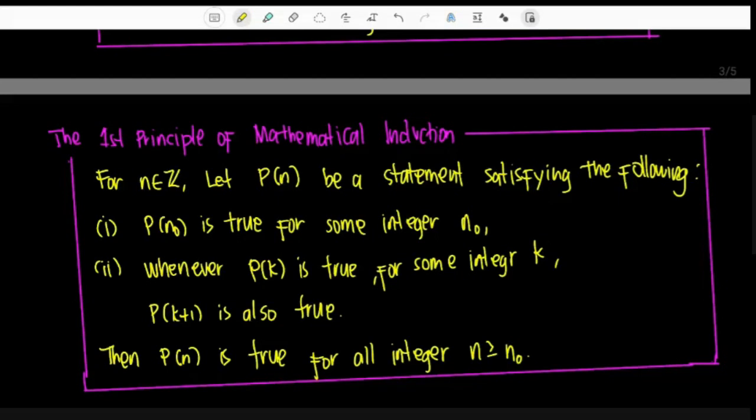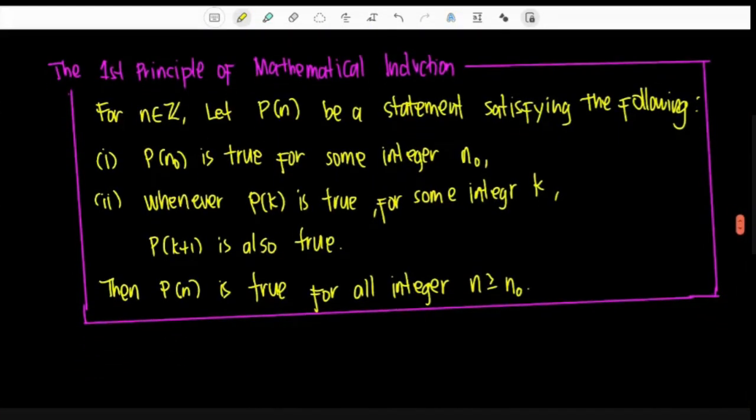So basically what it's telling us is we start with a statement P of n sub 0. So that's your basis for induction. And then the second statement tells us that for any integer k such that P of k is true, then the statement for the next integer is also true.